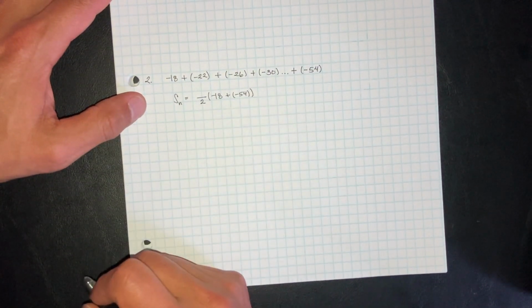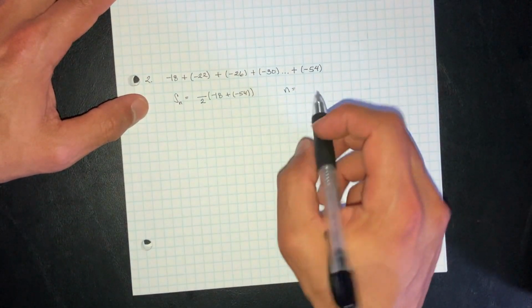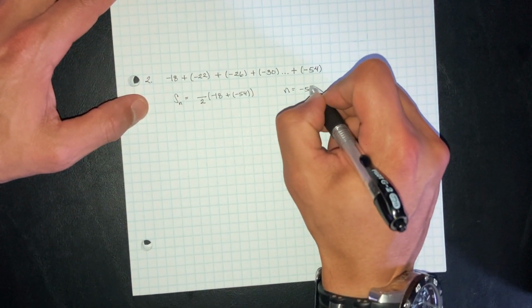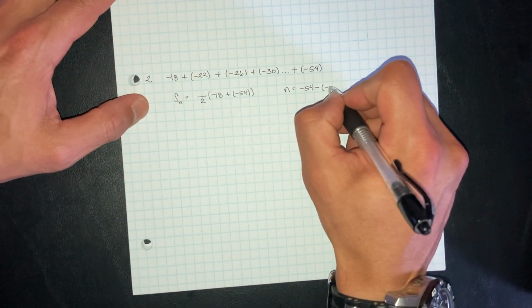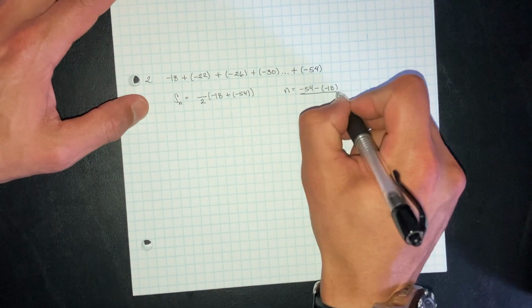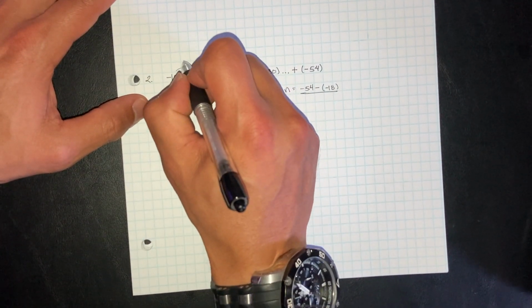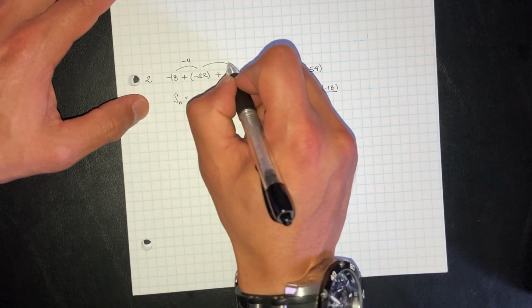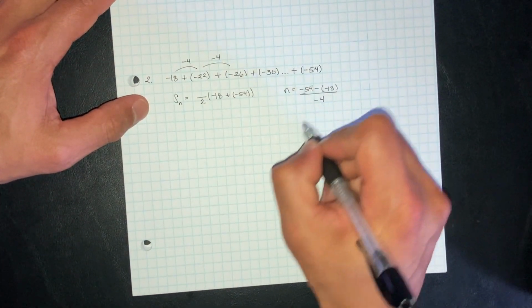Alright. Entonces, ¿cuántos términos hay? How many numbers are there? You take the last number, subtracted by the first number. Dividido por, well, what's it growing by? If you notice that it's subtracting 4, está restando 4. So we're going to put minus 4.